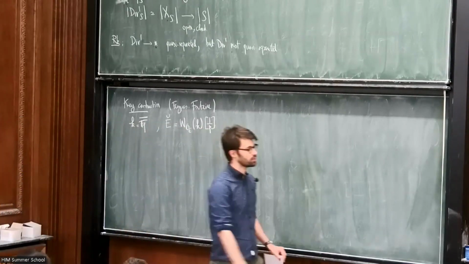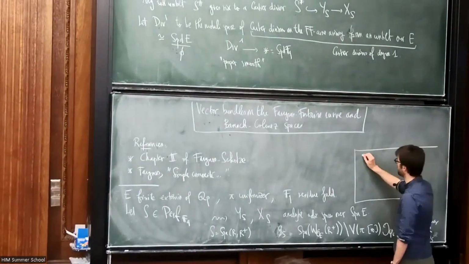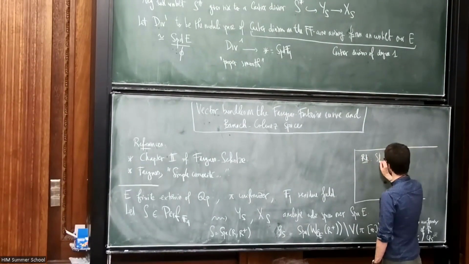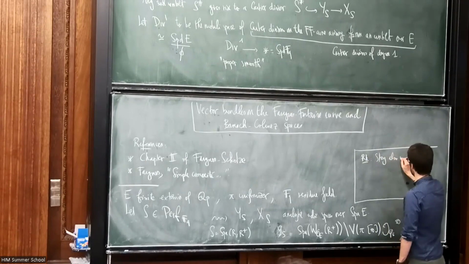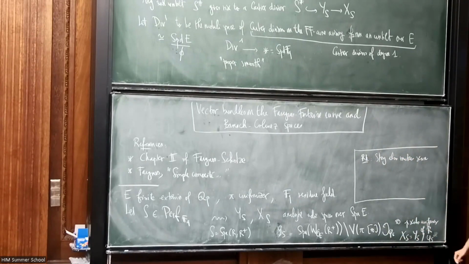Let me maybe make one last comment about the Fargues-Fontaine curve, because before I forget, all the story also makes sense if E is a local field of positive characteristic.